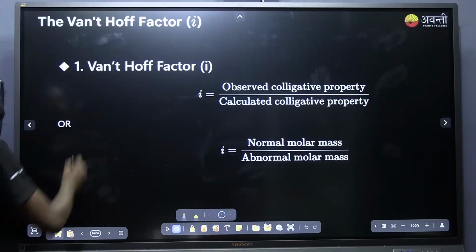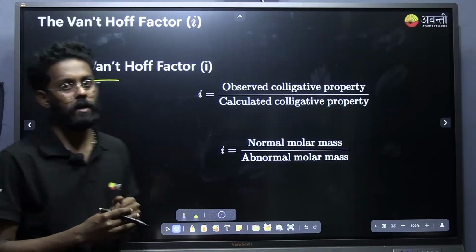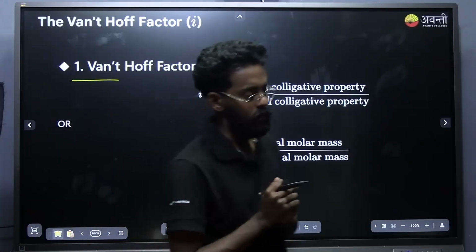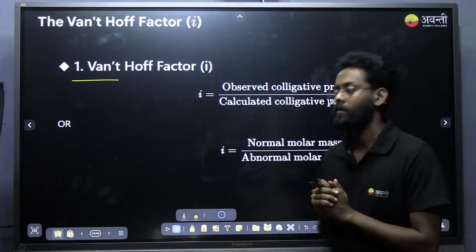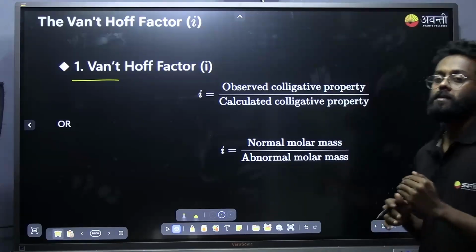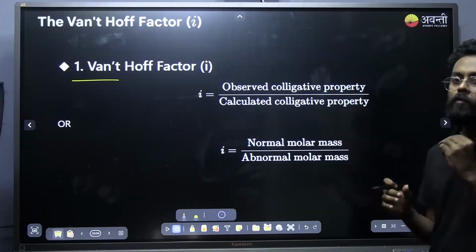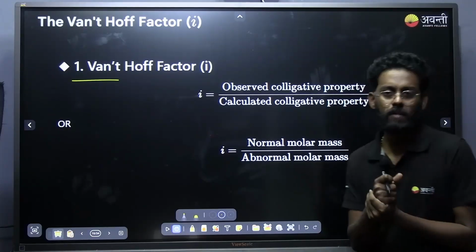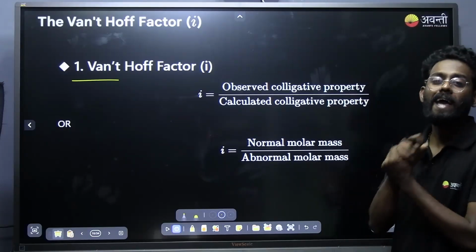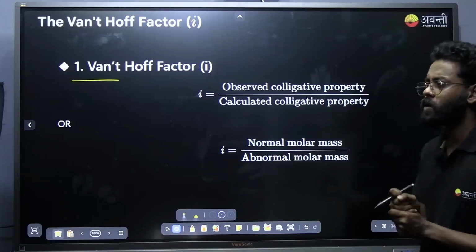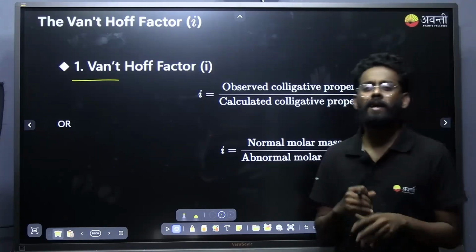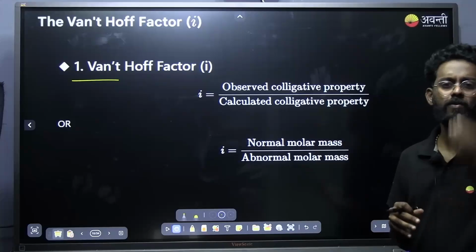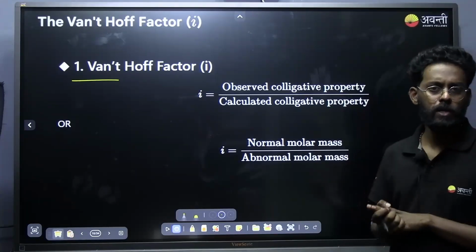Okay. Next is about the Van't Hoff factor. Just now we discussed a term which is i. And what is the significance of this i? The molecular mass that we have found by using colligative property is not going to be its exact molecular mass when we add an electrolytic solute. What is the problem with an electrolyte solute? An electrolyte solute will undergo either association or dissociation in the solution.